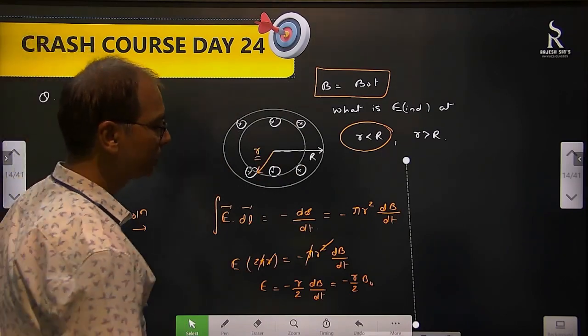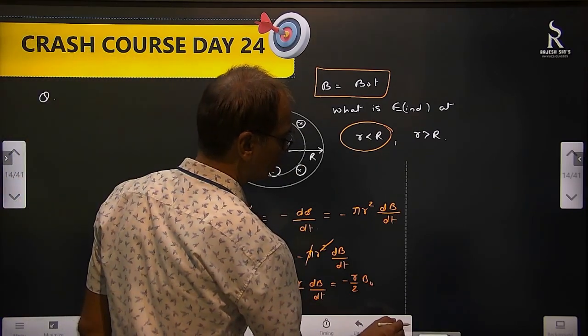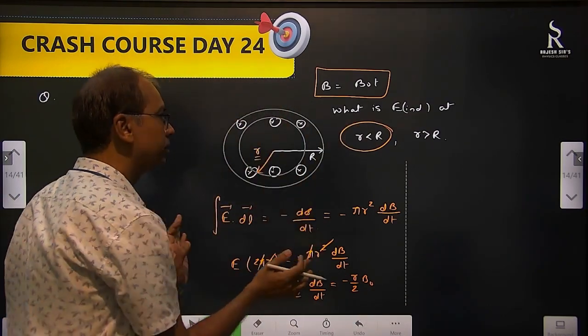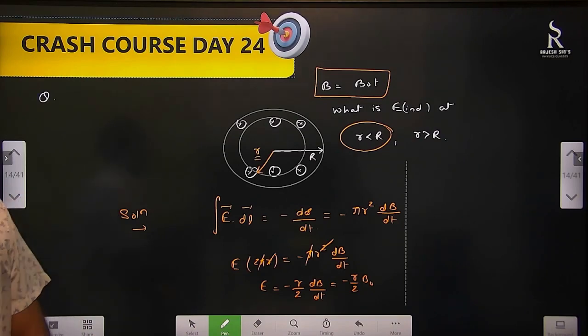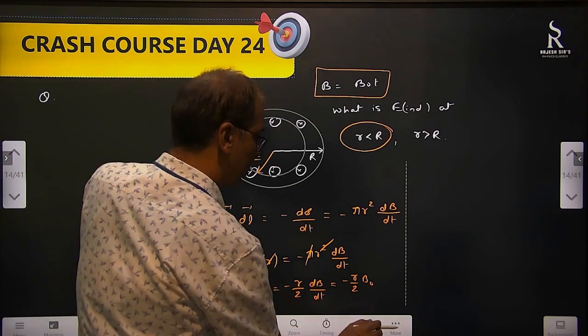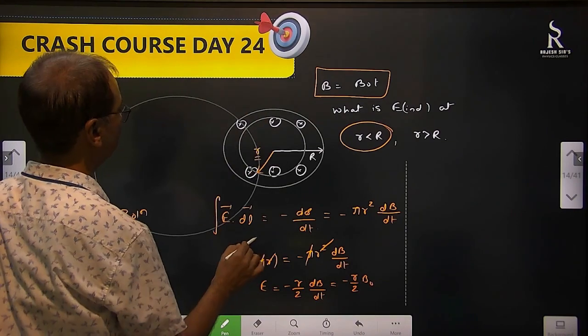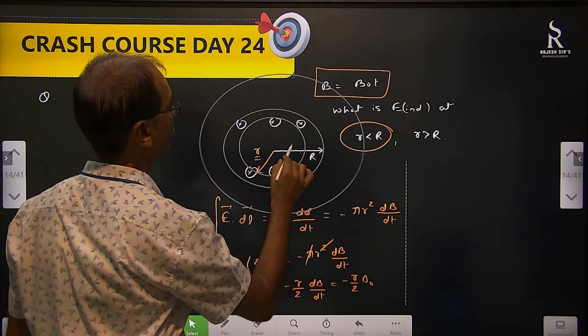Okay, second question. It says that you have got a bigger ring, r is greater than capital R. Let's make that one also, something like this, and we are bringing it over here.